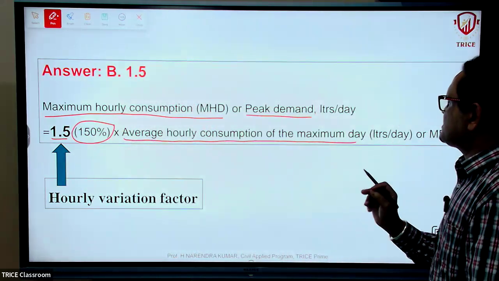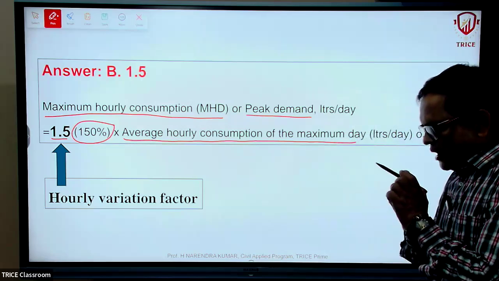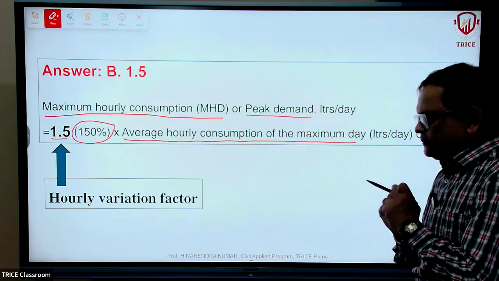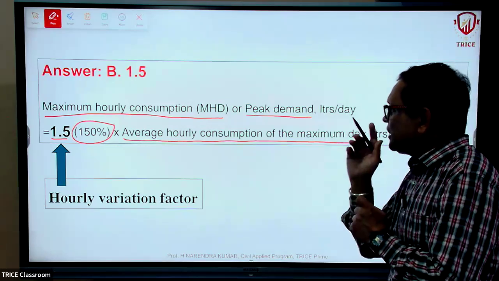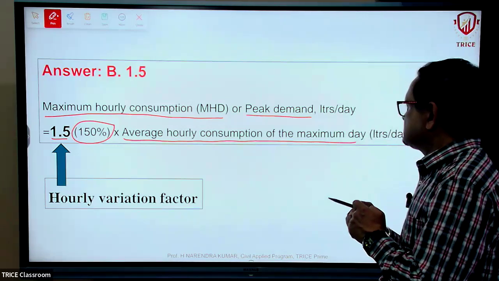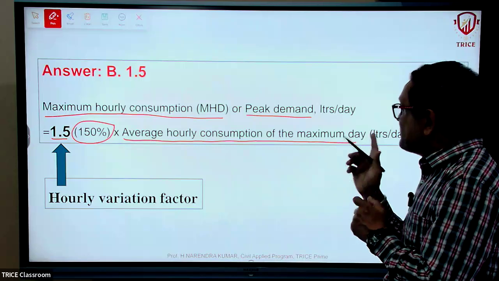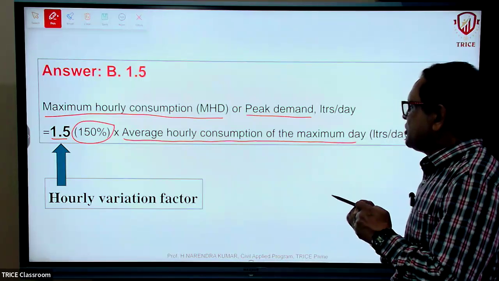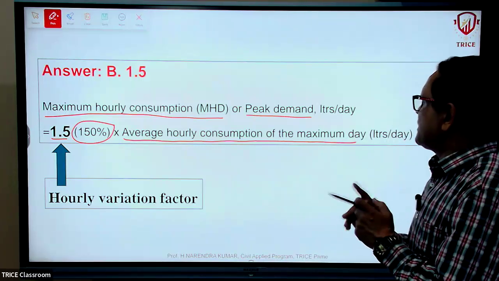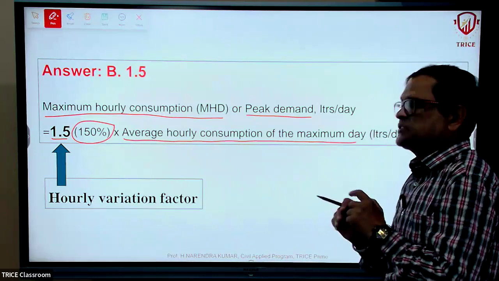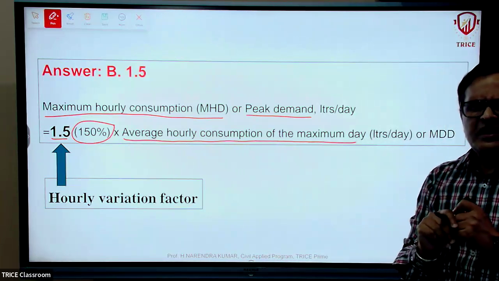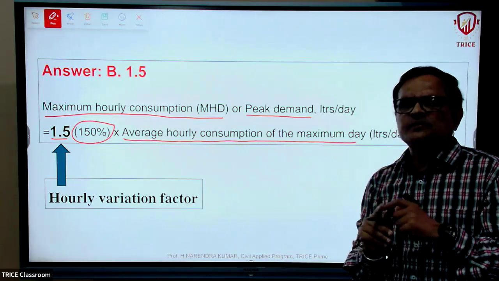Average hourly consumption of the maximum day. In 1 year, there is a particular hour, okay, on the maximum day, in which we calculate average hourly consumption. So choose a maximum day. Every day is not a maximum day, my dear students. A particular day is the maximum day.